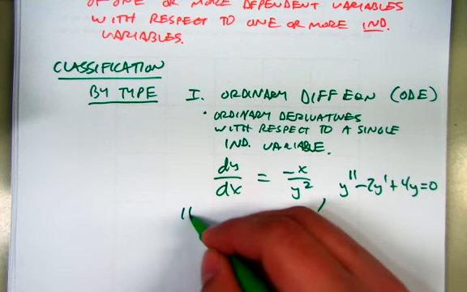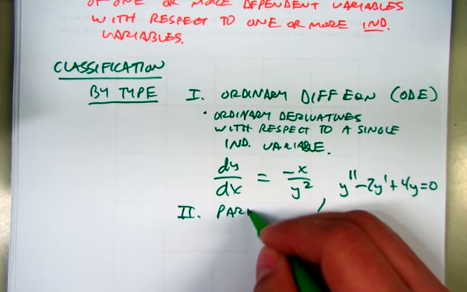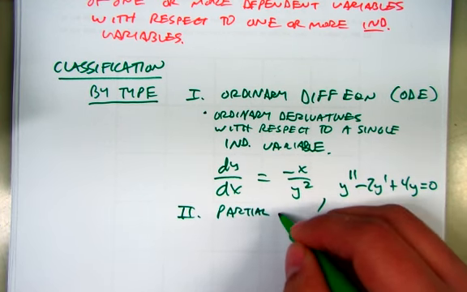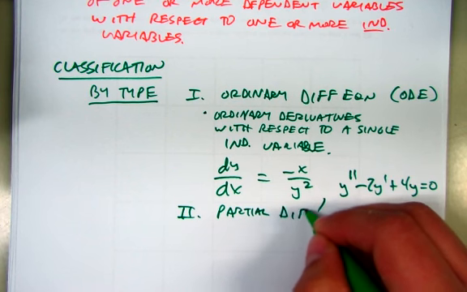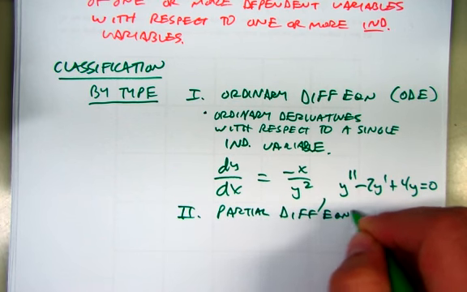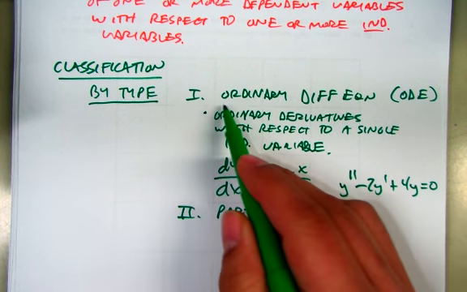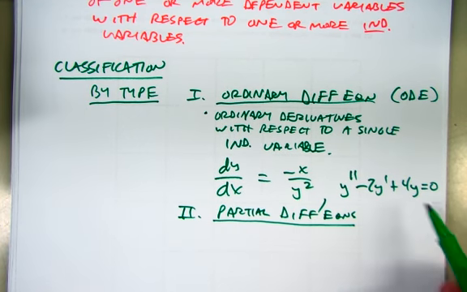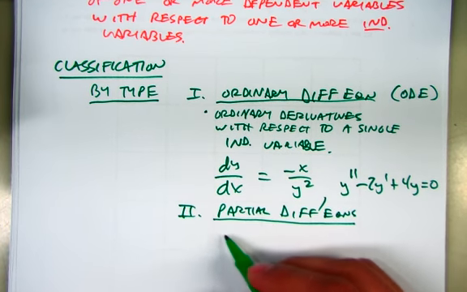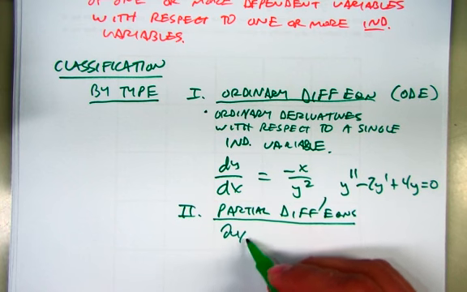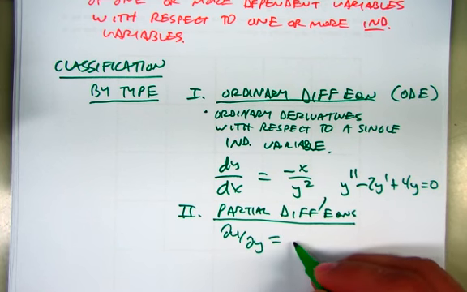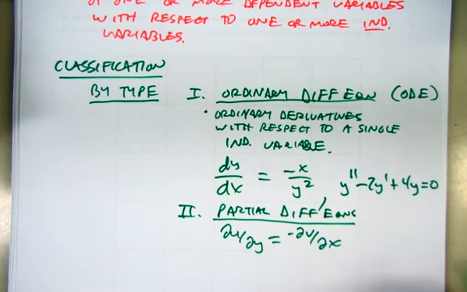Second type is partial differential equations. And those look exactly like what they sound like. Partial u, partial y equals minus partial v, partial x.